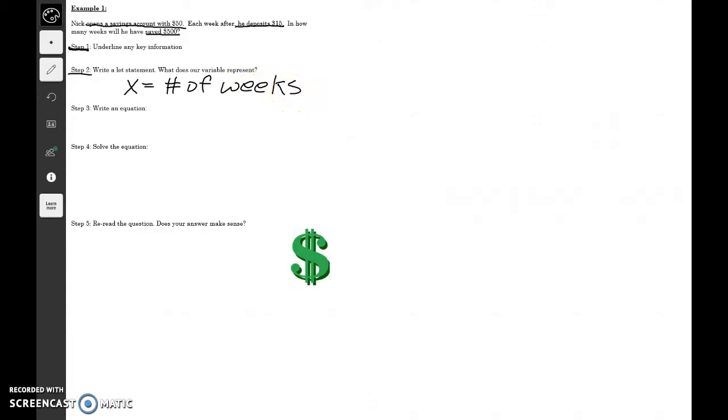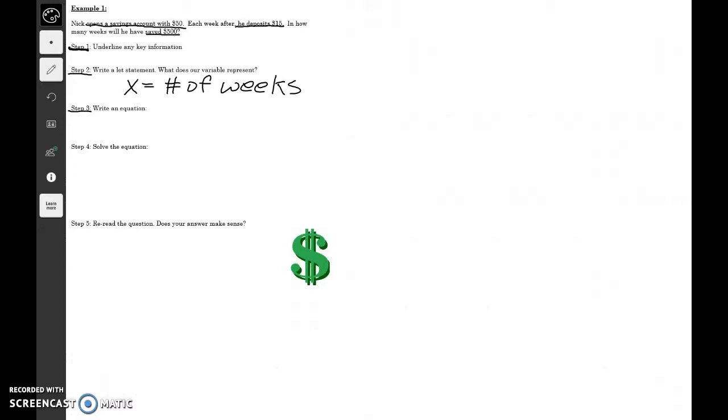Now after we have that, we can step into step number 3, write an equation. To write an equation for this, we know that we have to have basically 3 different things. We have to have an output, a coefficient with a variable, and a constant. We've talked about those 3 things in previous lessons. So in this case, we want to start with how much he had originally in his savings. That would be the starting point.